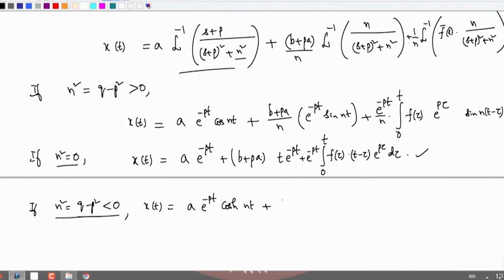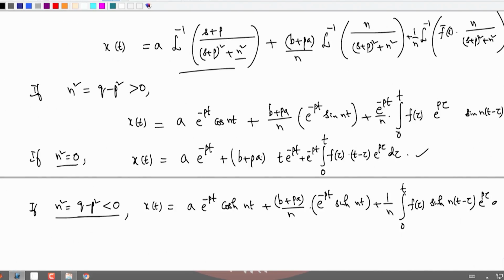So, you have b plus pa by n times e power minus pt sin hyperbolic nt, and then plus again, same way minus 1 by n, the convolution of f of tau with sin hyperbolic n t minus tau times e power minus pt, so e power p tau d tau, so that I can write e power minus pt outside just like earlier. So, this is the solution finally.